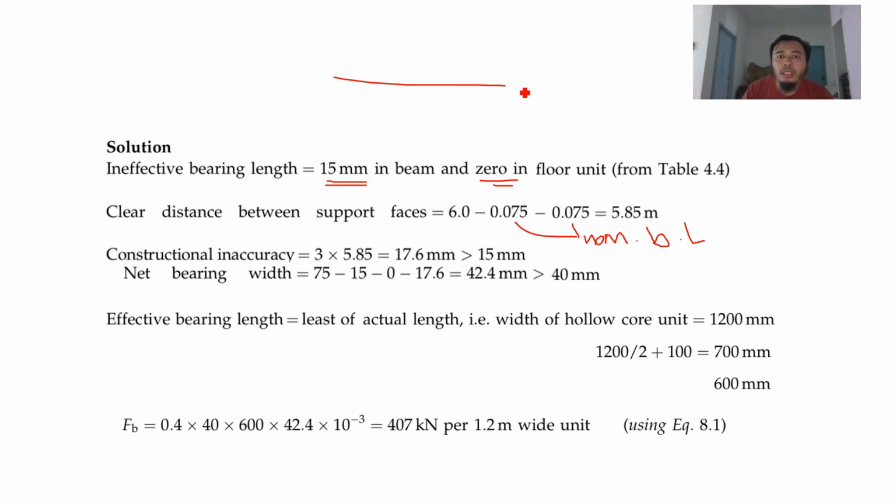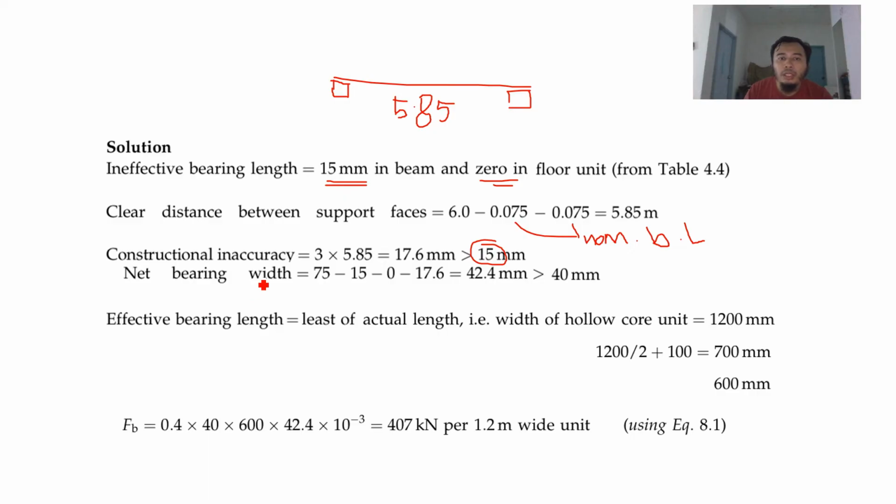So basically the hollow core slab is sitting on 5.85, the clear distance between supports, 5.85. Also we need to minus the constructional inaccuracy, as we said before. For 6 meters, it would be 15 mm.